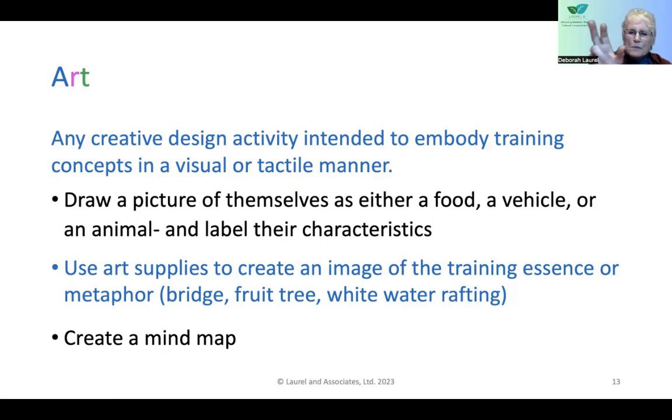You see, so you would be putting the different ideas around it. And it's one way to visualize all the concepts that are involved in the content that you're teaching.